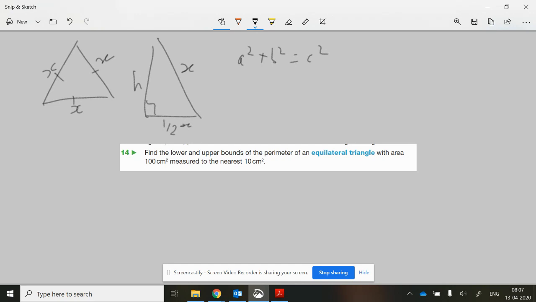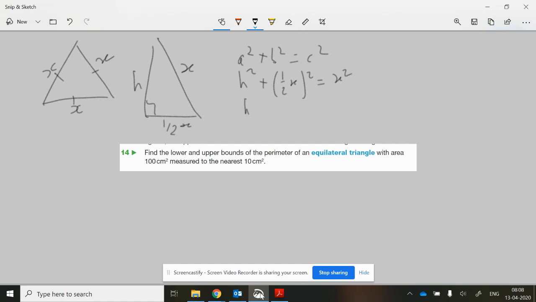Let's call it h. It doesn't really matter which side goes with which. So we've got h squared plus, in brackets, a half x squared equals c squared, which is x squared.